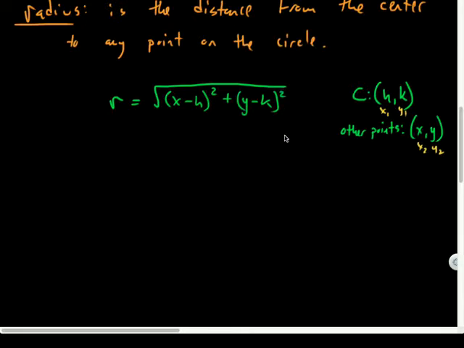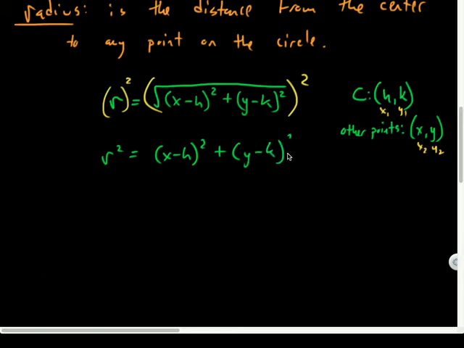And in fact, they decided not to leave the equation of a circle in this form, but they modify it slightly. I guess they weren't a fan of square roots. So they were like, let's just get rid of this square root. And they do that by squaring both sides like so. And so the equation of a circle is r squared equals x minus h all squared plus y minus k all squared.